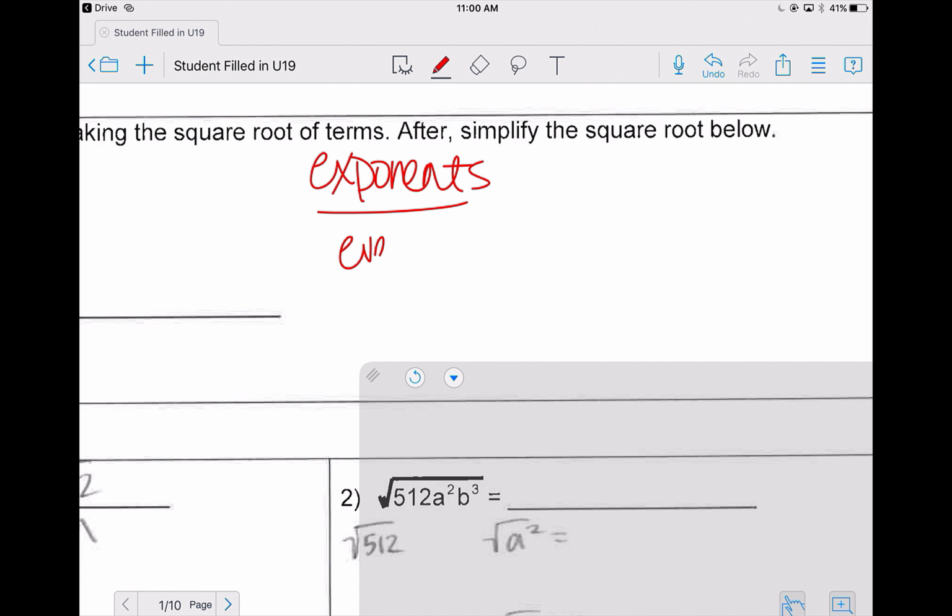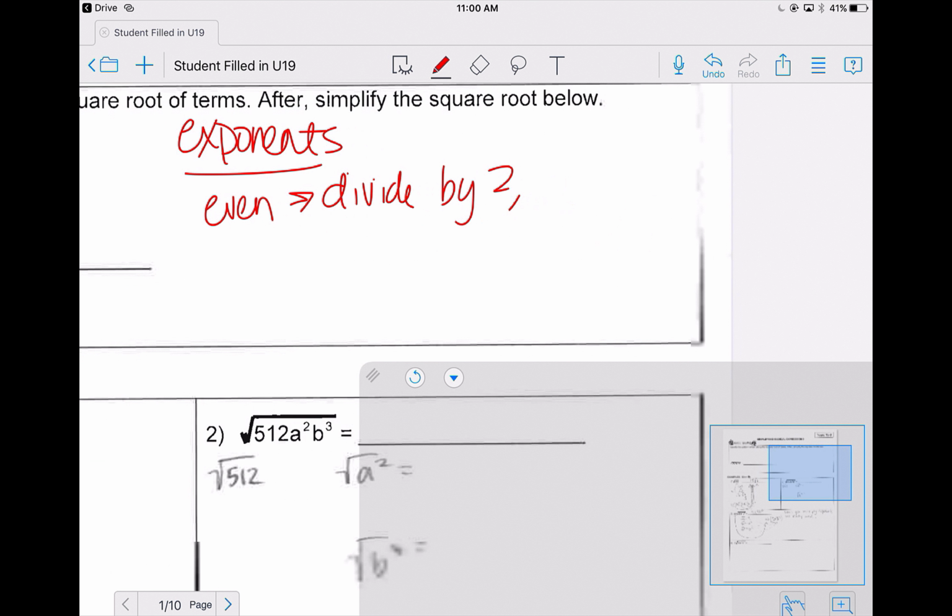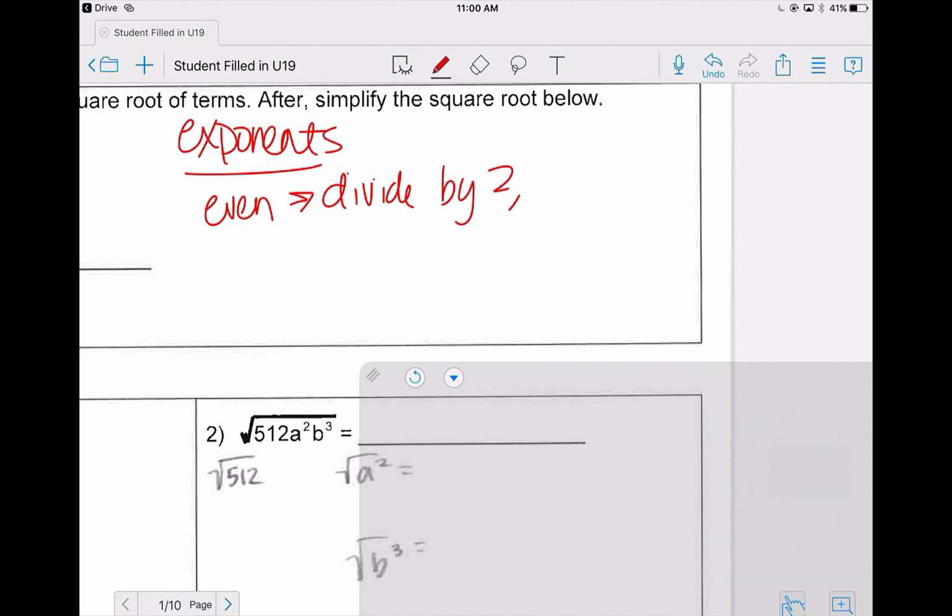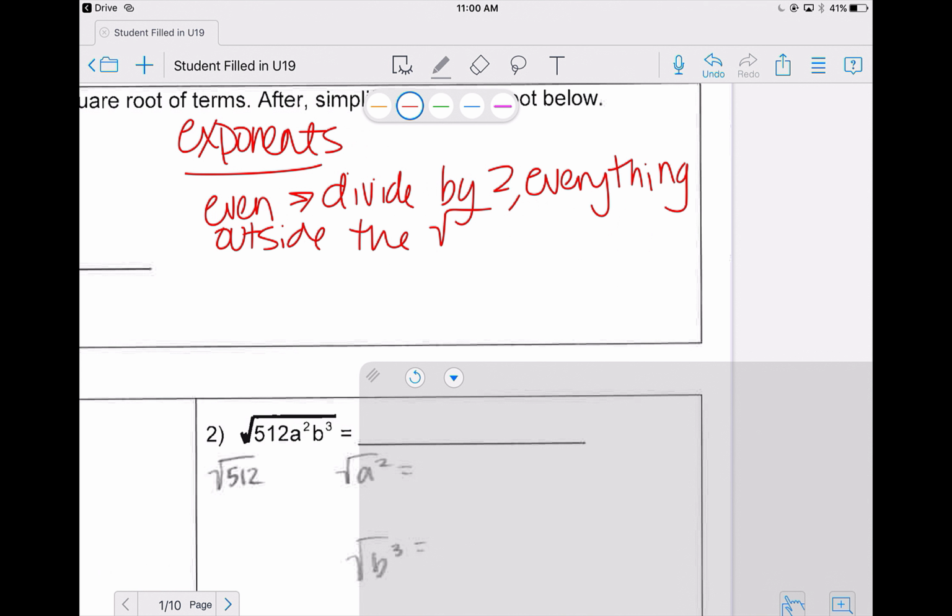If we have an even exponent, we just divide by 2 and bring everything outside the square root. However, if we have an odd exponent, we still divide by 2.